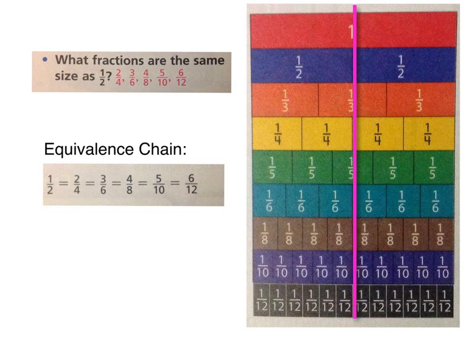If I follow the line down, I can see that 2/4, 3/6, 4/8, 5/10, and 6/12 are all the same size as 1/2. To show that they are all the same size, I would write an equivalence chain that looks like this.